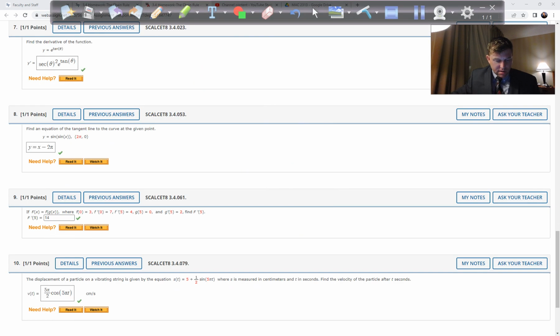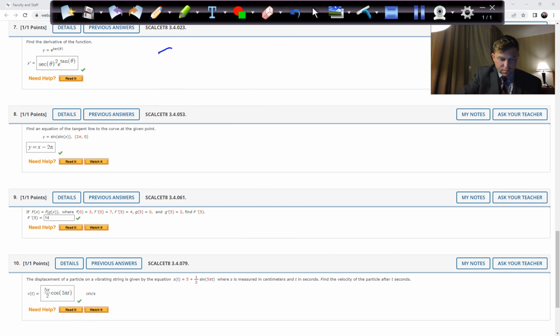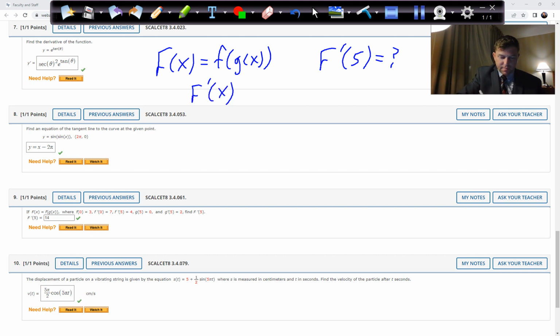Problem 9. If f of x equals little f of g of x, and then it basically gives us a bunch of stuff, and it says find f prime of 5. Well, we need f prime. So we take f prime of x.